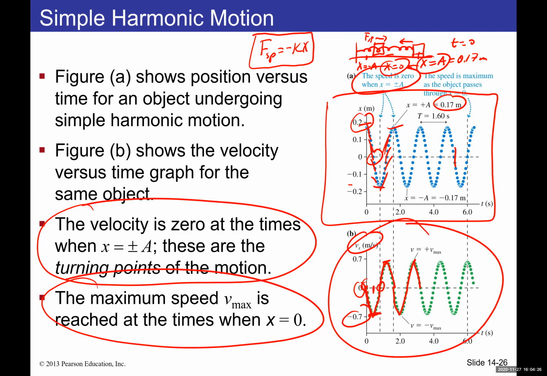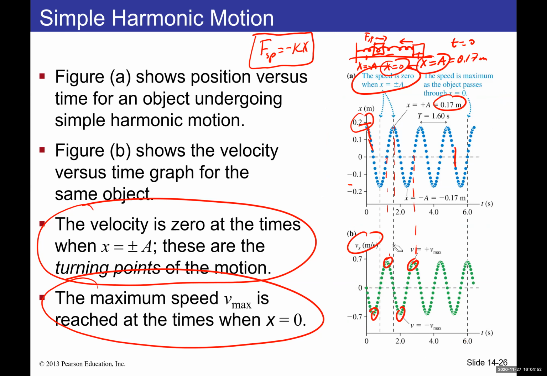This is the velocity versus time graph, where you can see the maximum velocities correspond to position zero. At x equals zero you have the maximum speed, but velocity zero corresponds to the maximum amplitude. It's kind of hard to draw that graph.